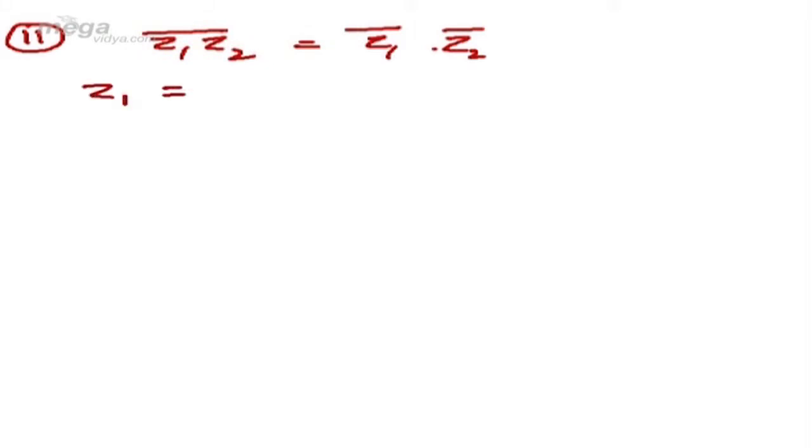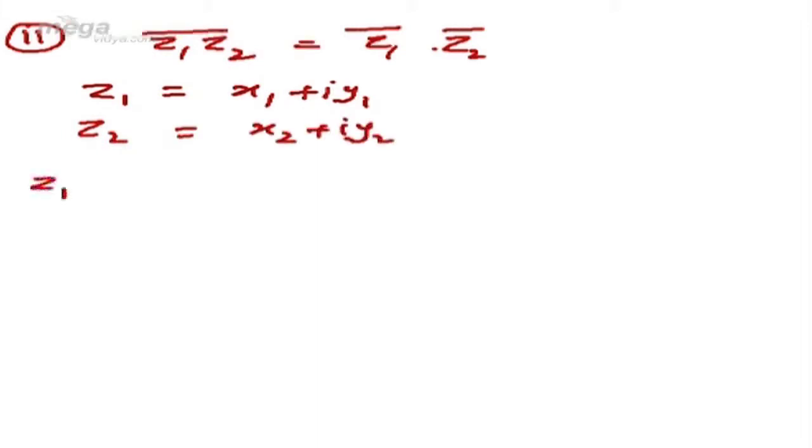Now we come to the second property, that is (z1 into z2) whole bar is equal to z1 bar into z2 bar. Now the two complex numbers z1 and z2 are taken and multiplied together, where z1 is equal to x1 plus iy1 and z2 is equal to x2 plus iy2. Dear student, if we multiply z1 and z2 you will get (x1 plus iy1) into (x2 plus iy2).